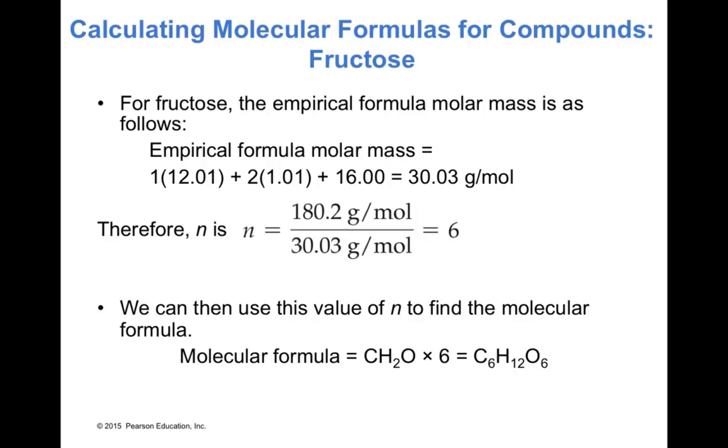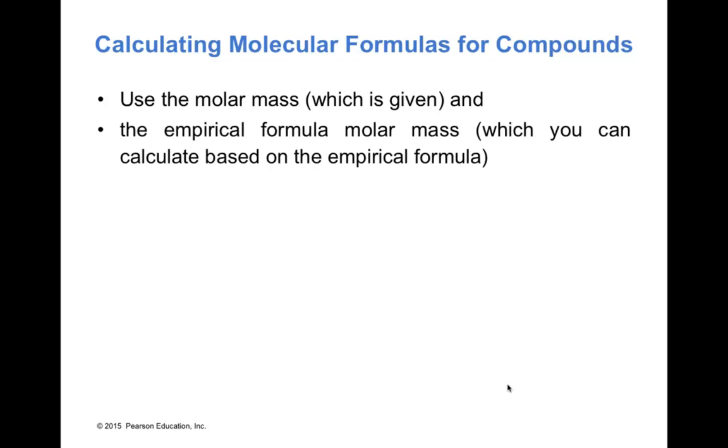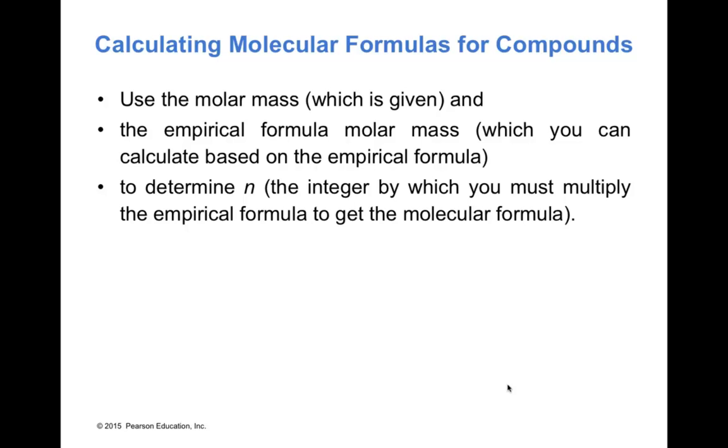So from the empirical formula, we can calculate or find out the molecular formula of a compound. To calculate molecular formulas for a compound, use the molar mass, which is given, and the empirical formula molar mass, which you can calculate from the empirical formula, to determine n, the integer by which you must multiply the empirical formula to get the molecular formula.